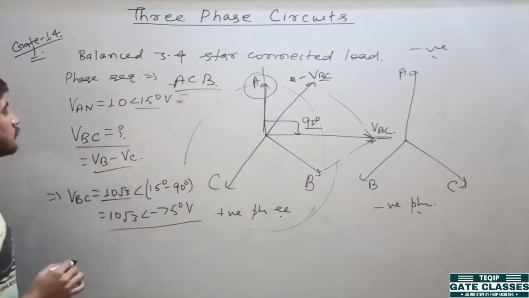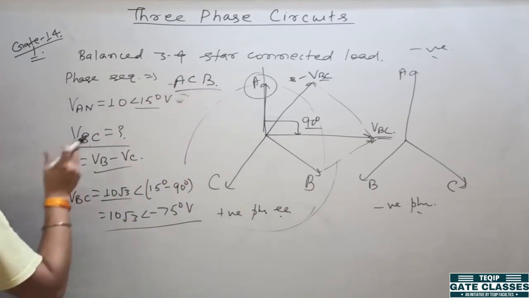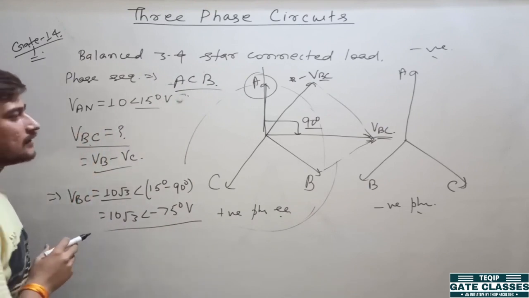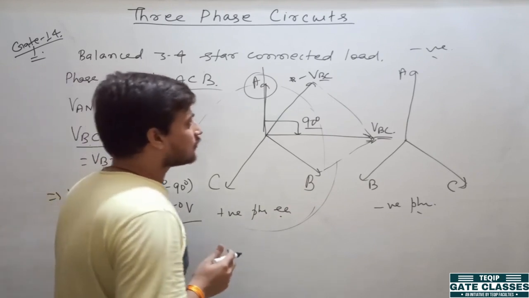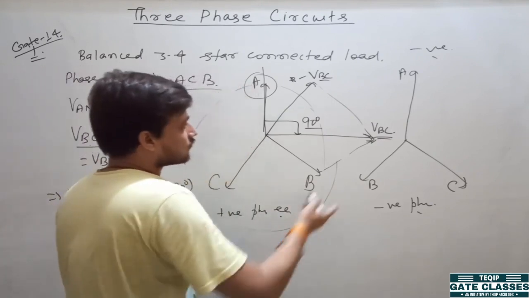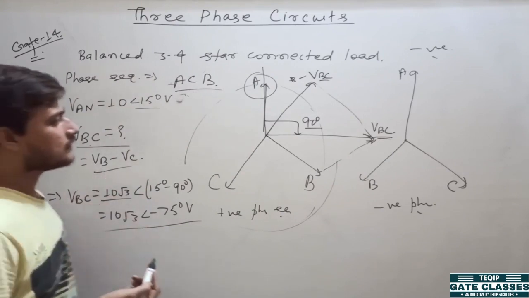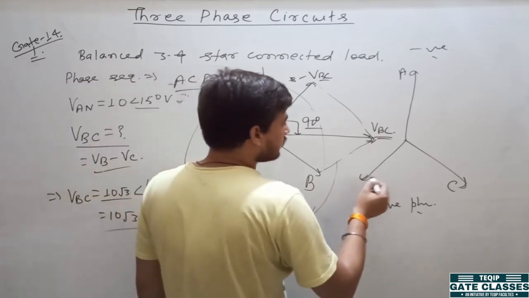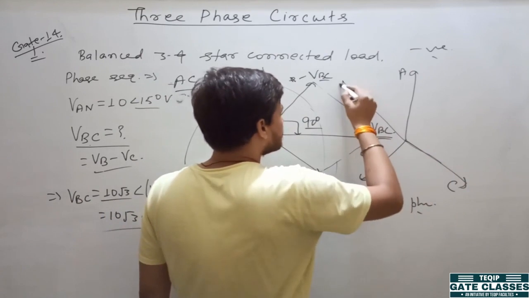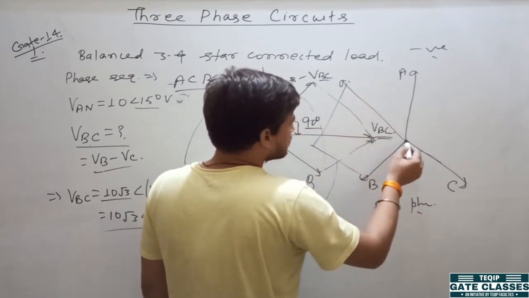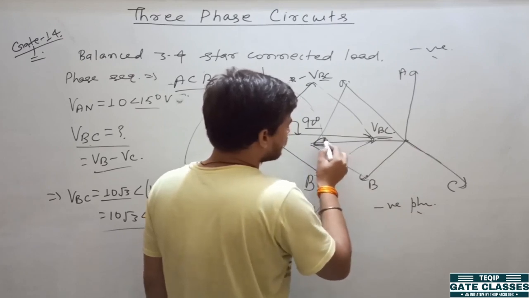If the sequence is now ACB, and then you have to find VBC, then how will you find? So here you see ABC. So here this is the vector like this. Now VB minus VC. So what will happen? This is VB. This will be here VC. So now you will have to take the resultant of VB and VC. So the resultant will be at this position.